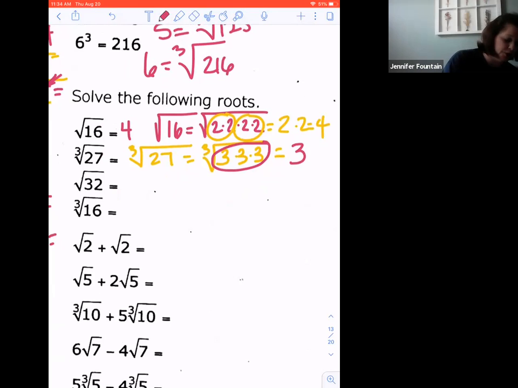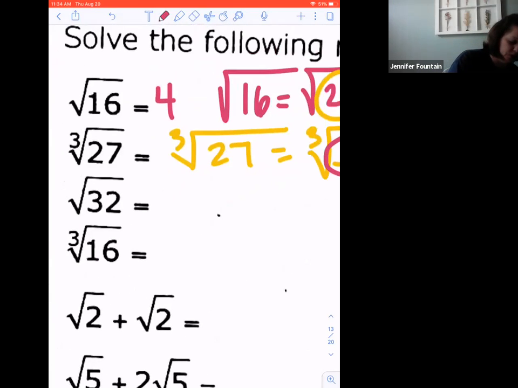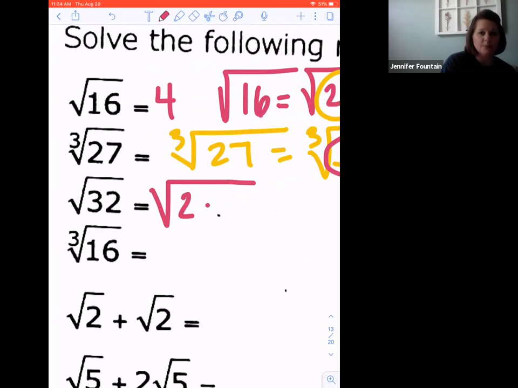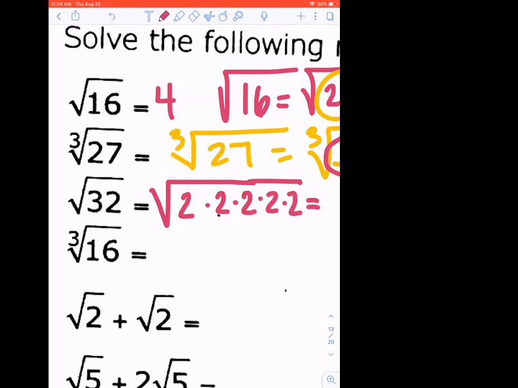All right, let's look at 32. The square root of 32. What is the smallest prime factor I'm going to try with 32? 2. Good, 2. And 32 is 2 times 16. Now I'm going to break down 16. That is 2 times 8. 8 is 2 times 4. 4 is 2 times 2. Okay.